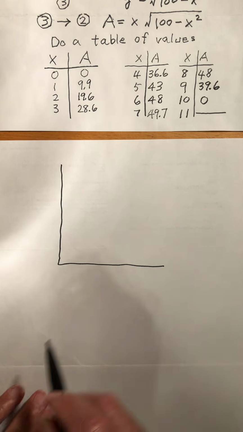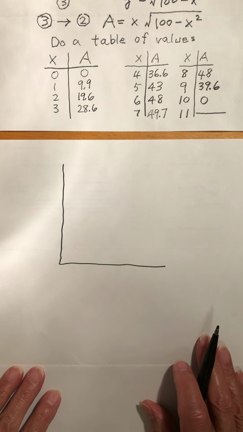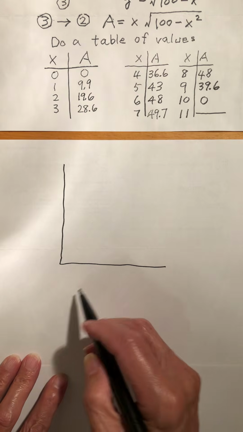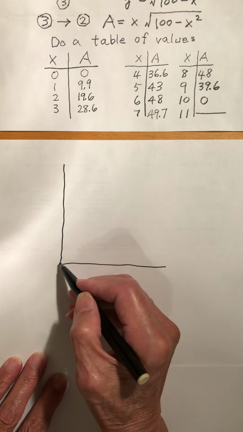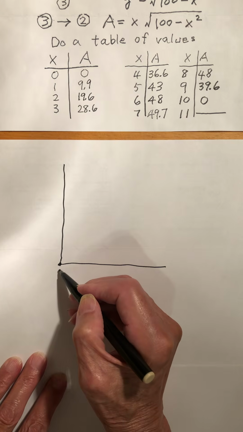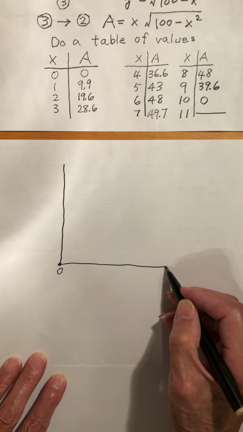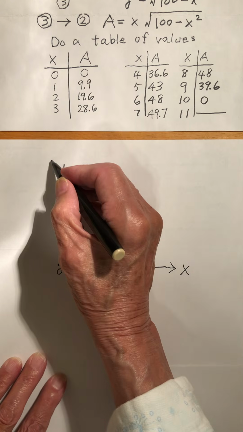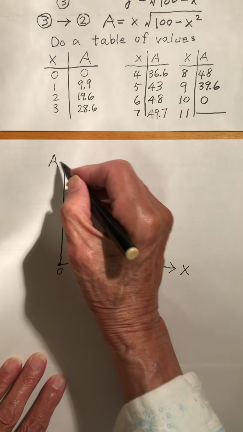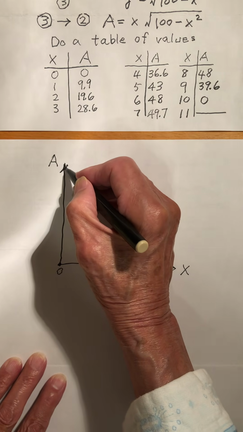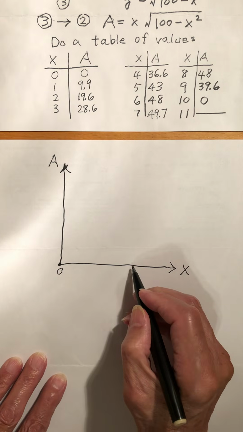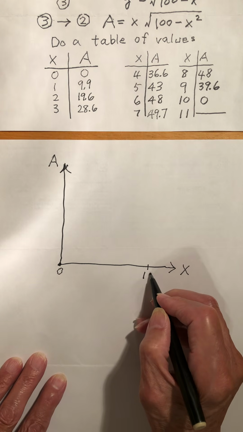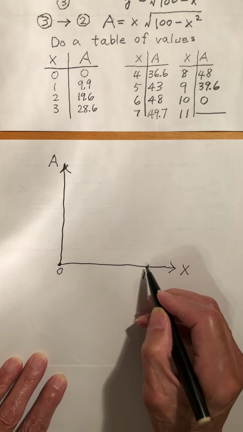I'm not drawing this according to scale. It's difficult without grid paper. So when x is 0, the area is 0. When x is 10, the area is again 0.